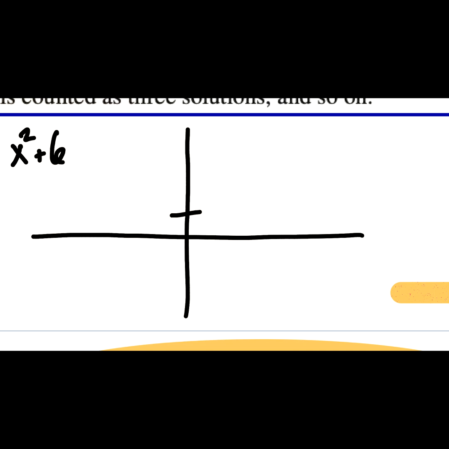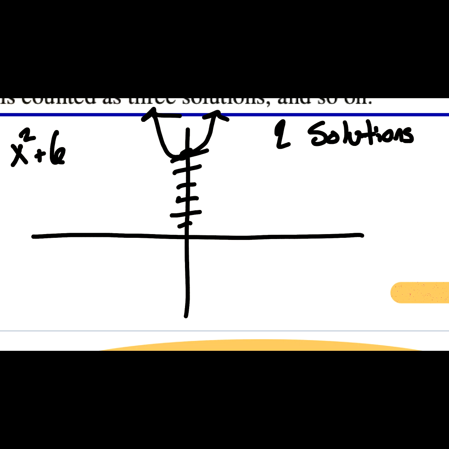X squared plus 6. 1, 2, 3, 4, 5, 6. That's right here and like this. According to that rule we just talked about, how many solutions does it have? It has 2 solutions.